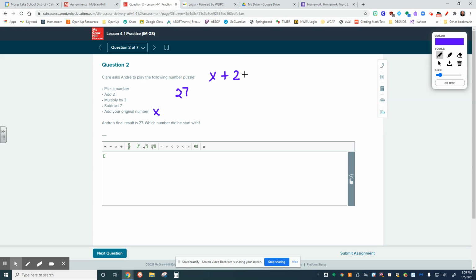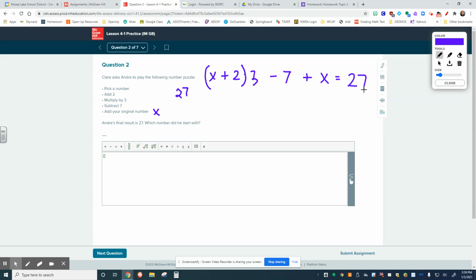When we talk about multiplying by 3, we have to think about what already happened, and that was pick a number and add 2. So we have to make that addition happen first, then multiply. And then from that product, we're going to subtract 7, and then we are going to add the original number X again, with a final answer of 27.